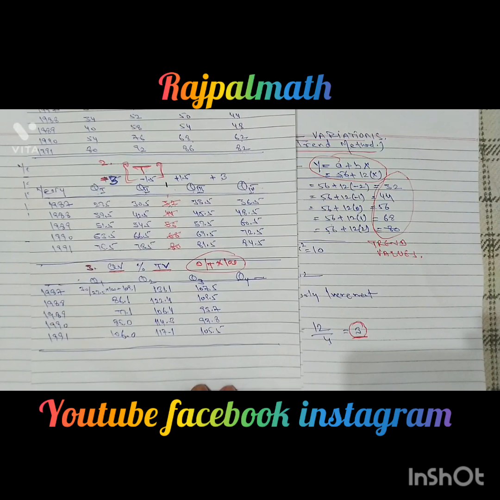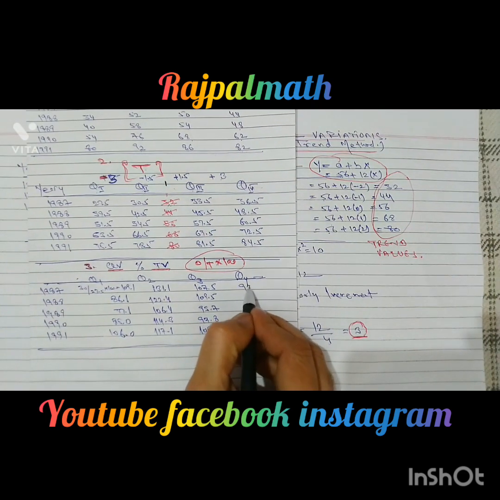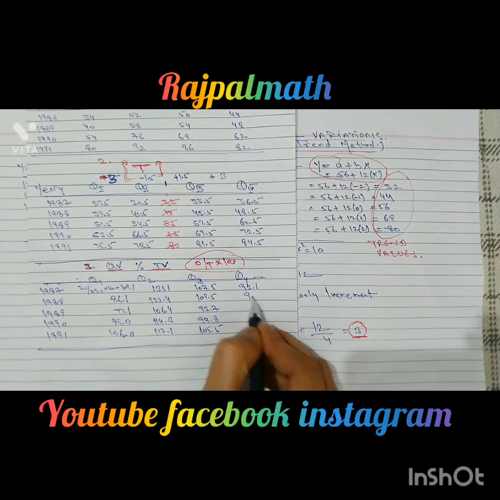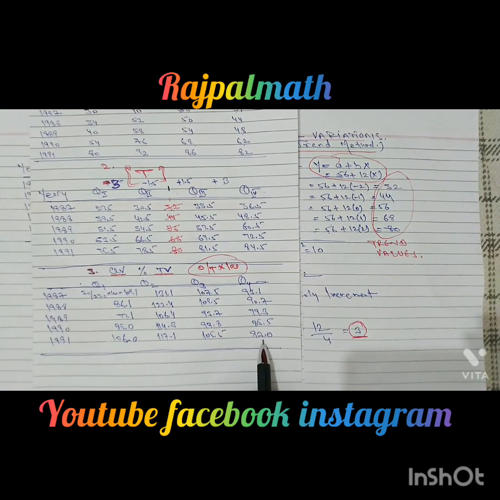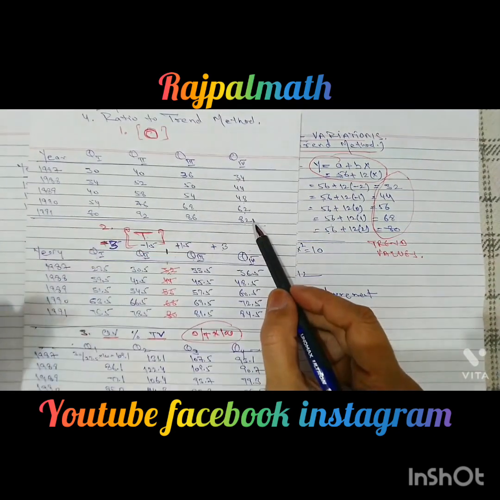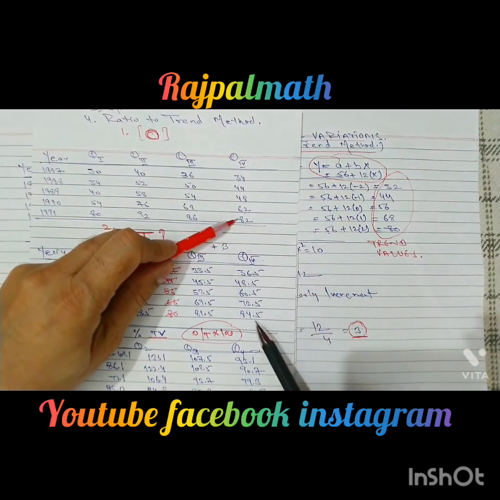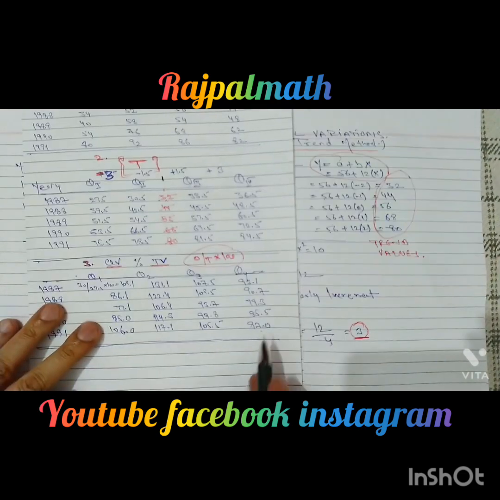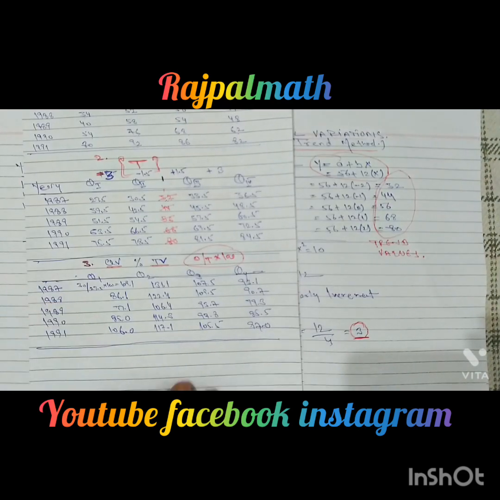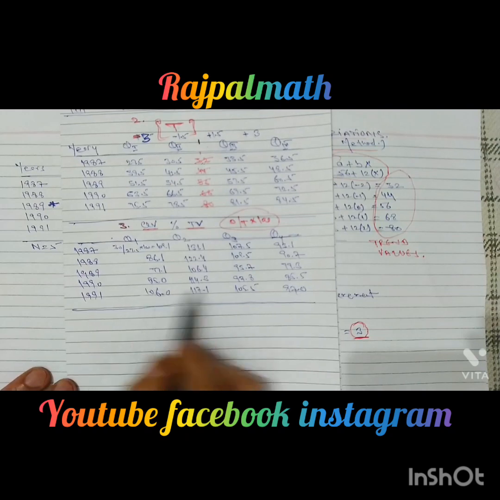For next, 93.1, 90.7, 79.3, 85.5 and 97.0, meaning O value divided by T value into 100 comes out to be 97.0. These are the O by T table.